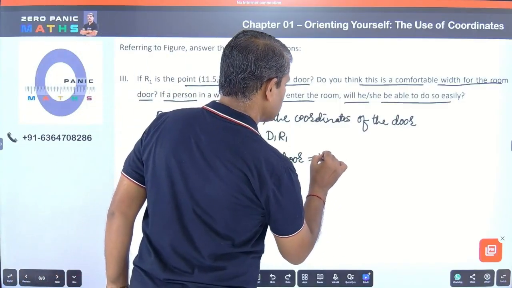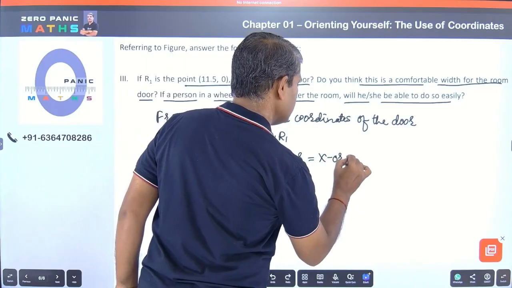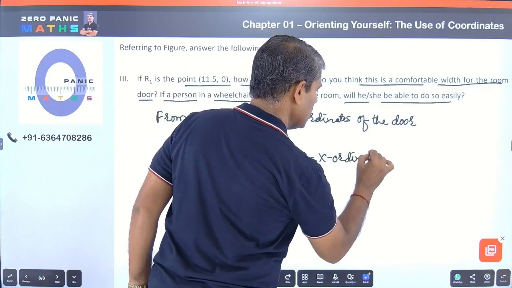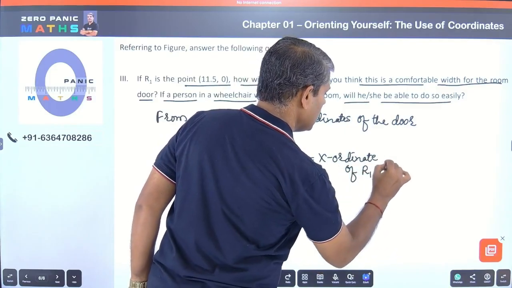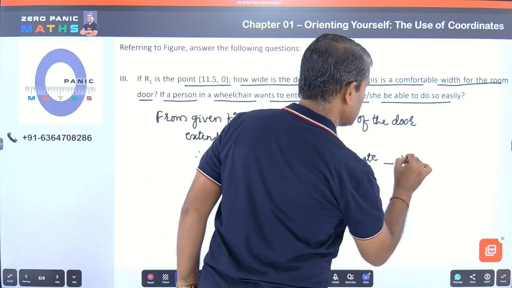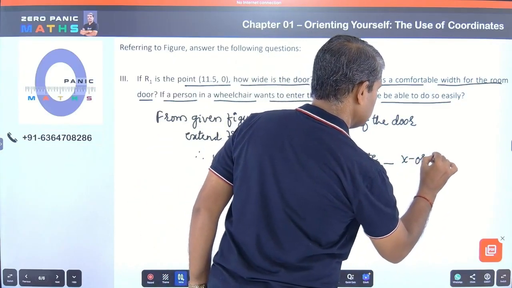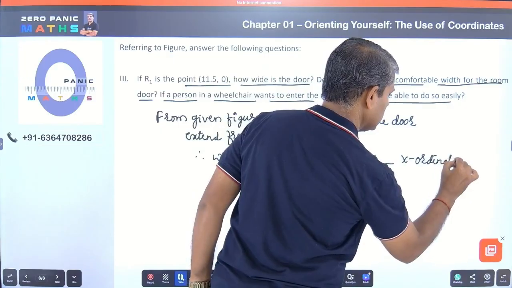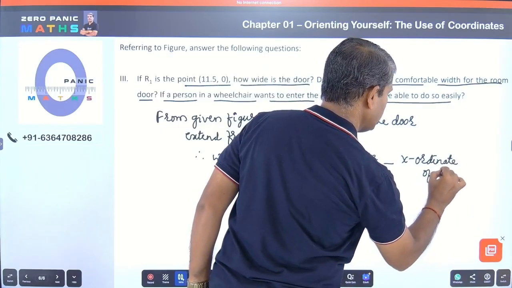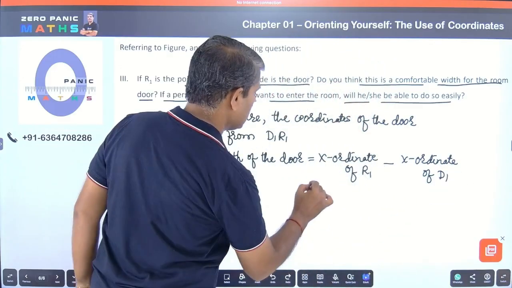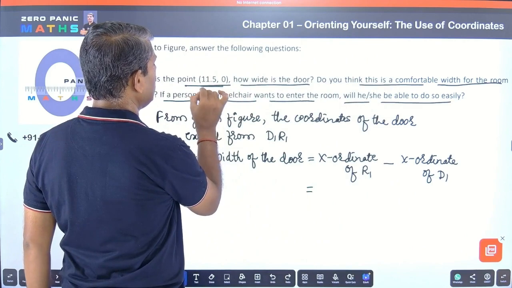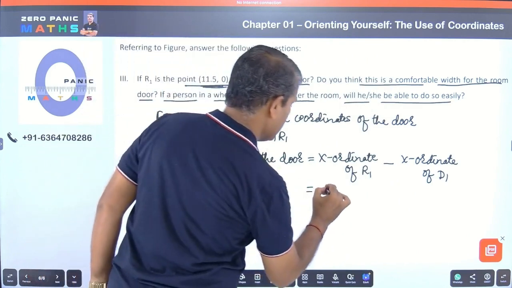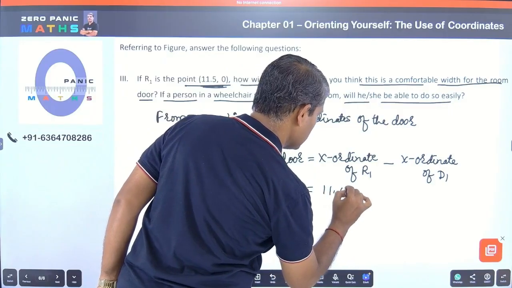So it is x coordinate of R1 minus x coordinate of D1. What is x coordinate of R1? Because it is 11.5 here and y is 0, it is 11.5.